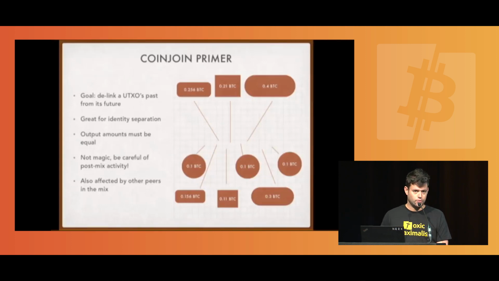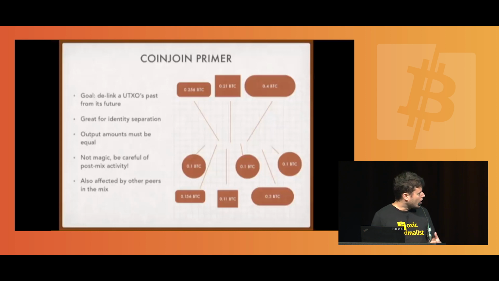A pretty well-known thing about COINJOINs is that they're affected not just by you, but by your partners in the COINJOIN. I could say about an output that it's mine, and you'll know it's mine. But the other parties in the COINJOIN could also say that their outputs are theirs, and if 2 people in a COINJOIN announce that those are their outputs, then the 3rd output is also obvious.